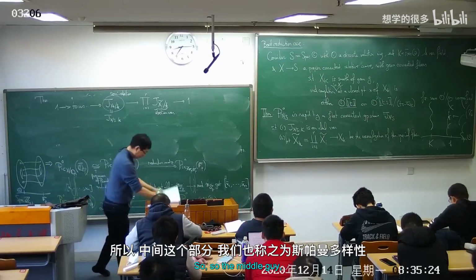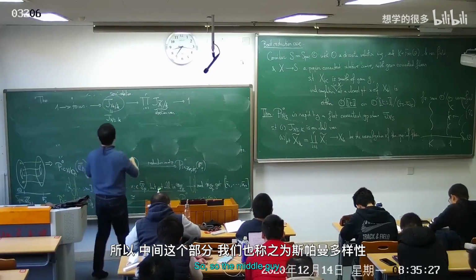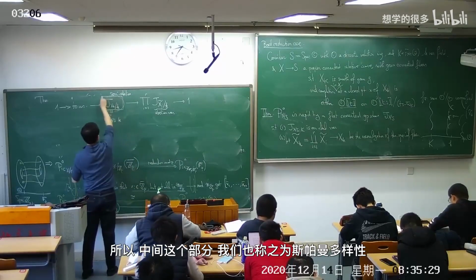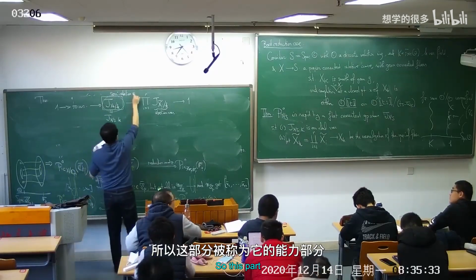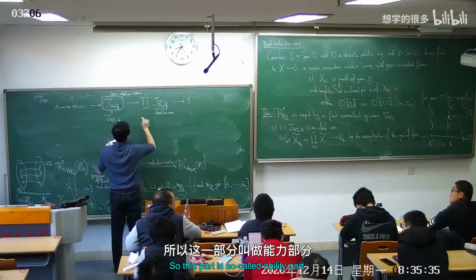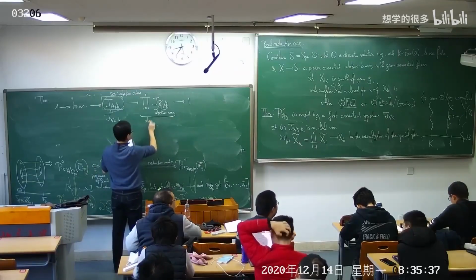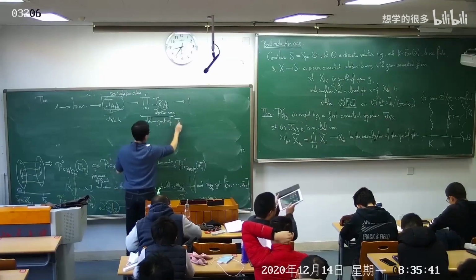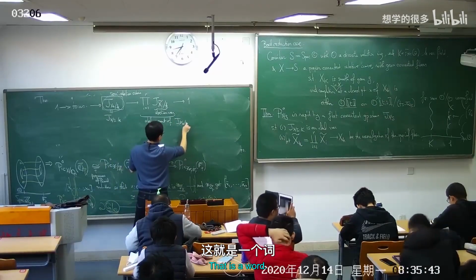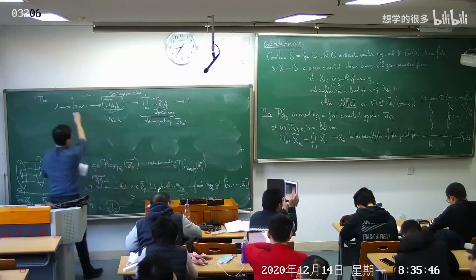Right. So the middle guy we often call a semi-abelian variety, or semi-abelian scheme. This part is the so-called abelian part, and this is the toric part.